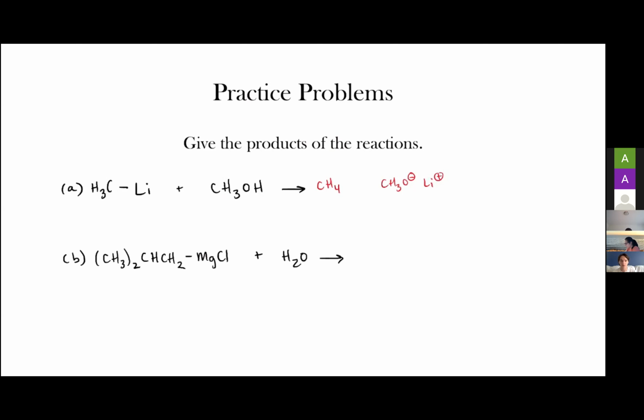Very similar for part B, just again forming a hydrocarbon. And so we have (CH3)2CHCH3 plus OH minus and MgCl plus.